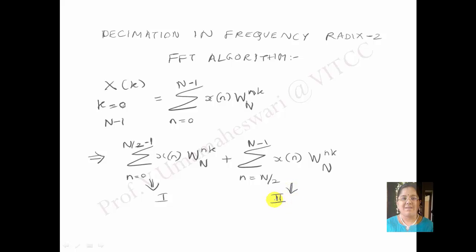We want to combine term 1 and term 2. For that, we have to take term 2 and change the limits. Only if we change the limits to the same limits as term 1, say 0 to N by 2 minus 1, can we combine term 1 and term 2.